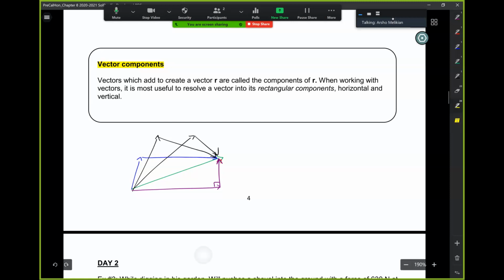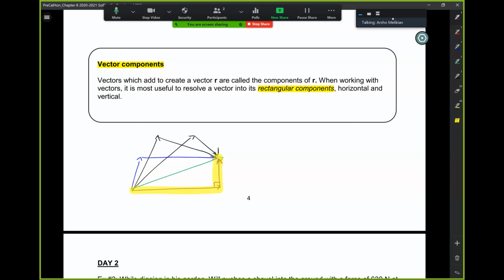That pair is called the rectangular components because they form half of a rectangle. So, moral of the story, infinite pairs of vectors create a resultant, but the horizontal and vertical pair are called the rectangular components.